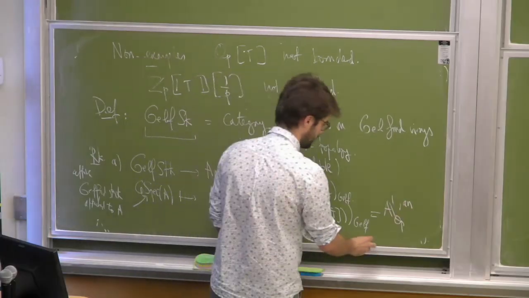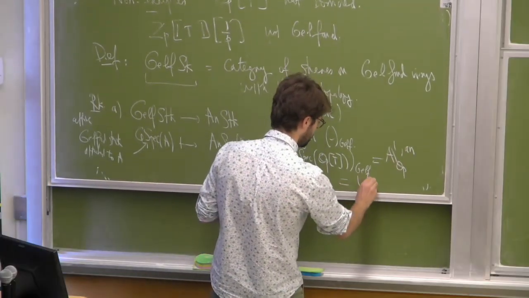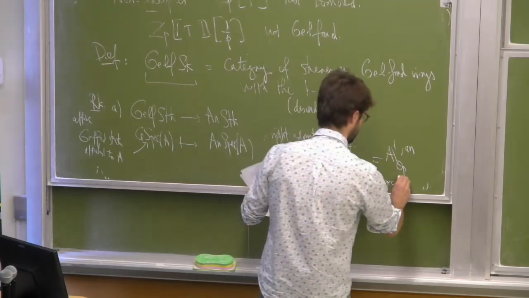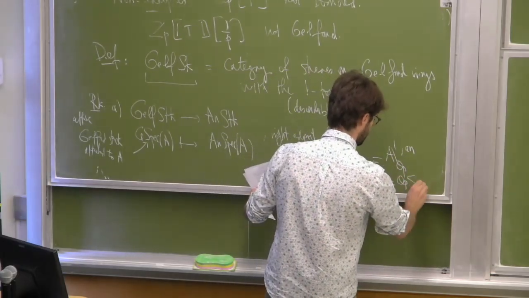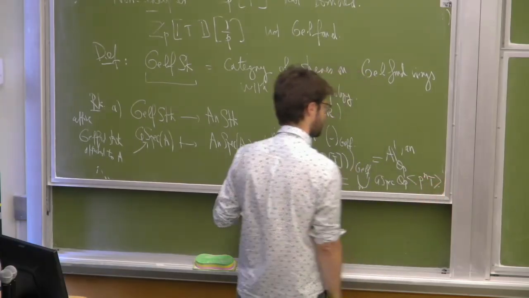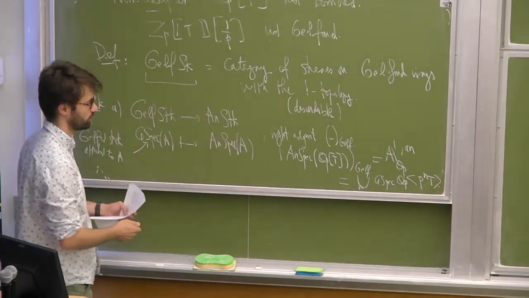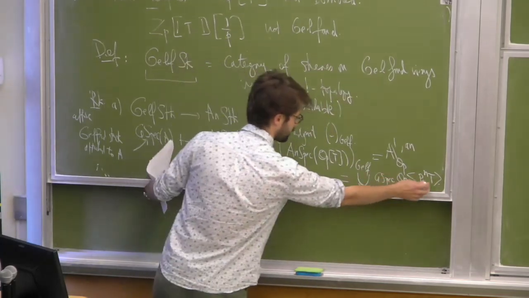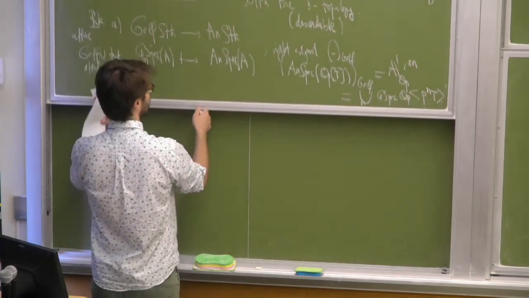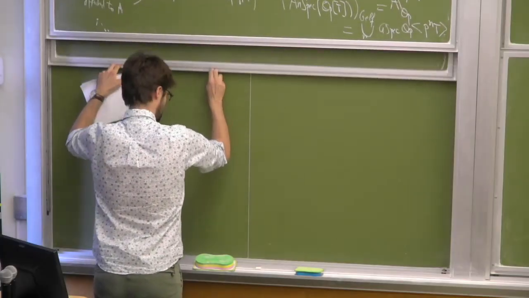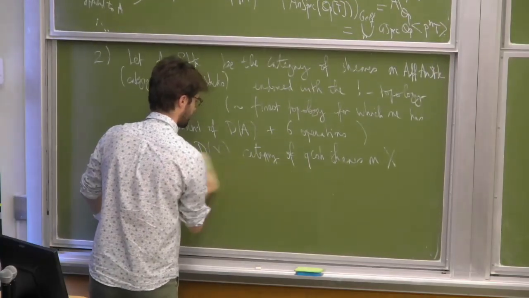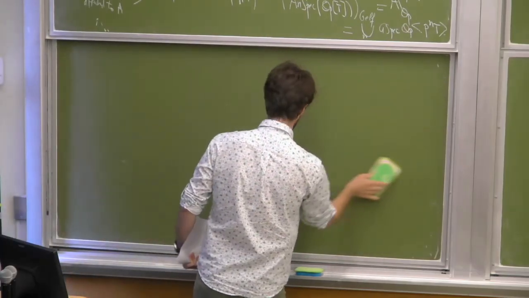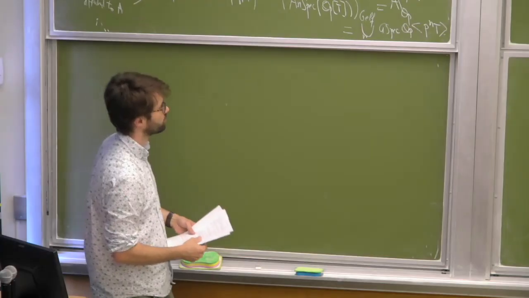What is this? It is by definition the increasing union over all n of the Gelfand spectrum of the functions of the Tate algebra. These are Banach Qp-algebras, examples of Gelfand rings. That would already be true if I was using just bounded rings.